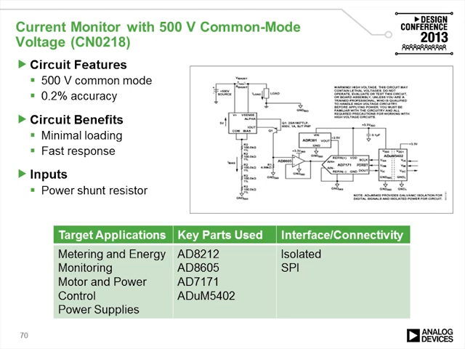In this example, I am showing the current monitor with a 500 volt common mode voltage range. In this case, the amplifier is the AD8212, and this amplifier can float to very high voltages. The circuit note CN0218 shows more details on the circuit.